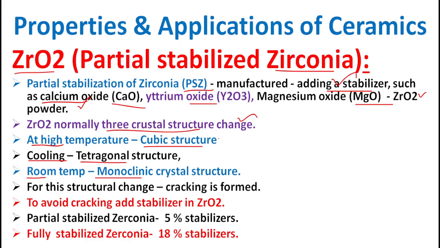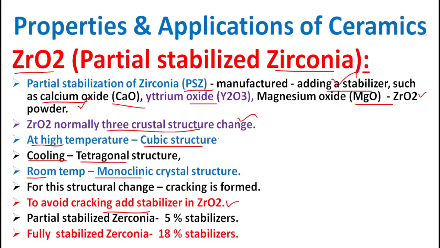So if we add the stabilizer, we can avoid this cracking in the structure. These structural changes lead to cracking. Mainly to avoid the cracking, we add the stabilizer in zirconium oxide.